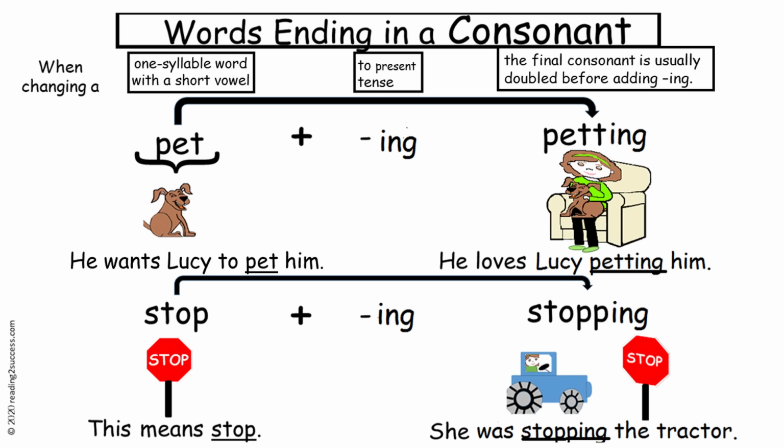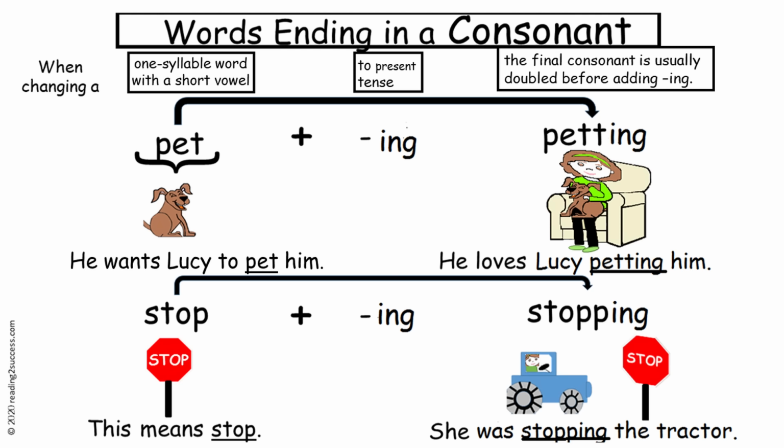Now discuss 2 more examples with kids adding the ing ending. When changing a one-syllable word with a short vowel, as in pet, to present tense, ing, the final consonant is usually doubled before adding ing.